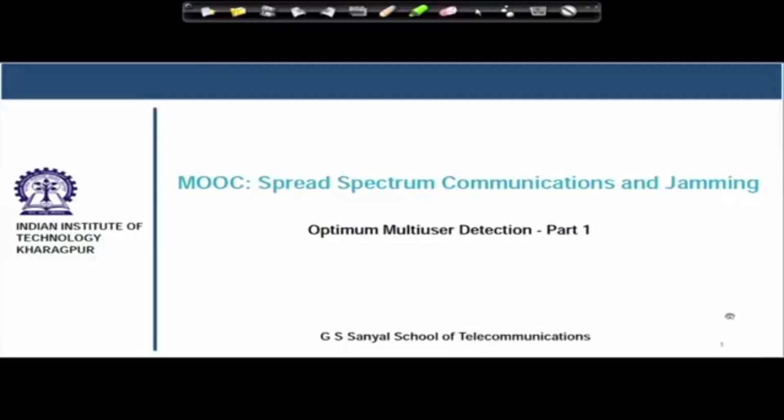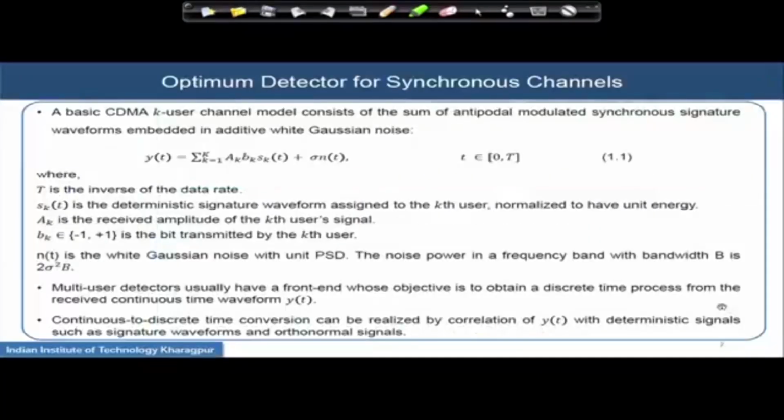So, let us start. The multi-user detection problem specifies that in a wireless situation we have K users operating simultaneously, trying to access the channel simultaneously and sending data to a receiver. It is not that all the K users are targeting a typical receiver.